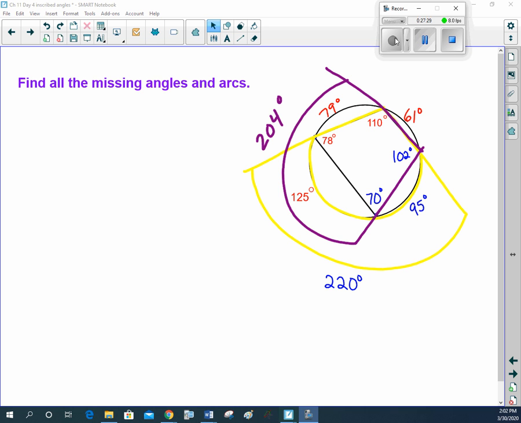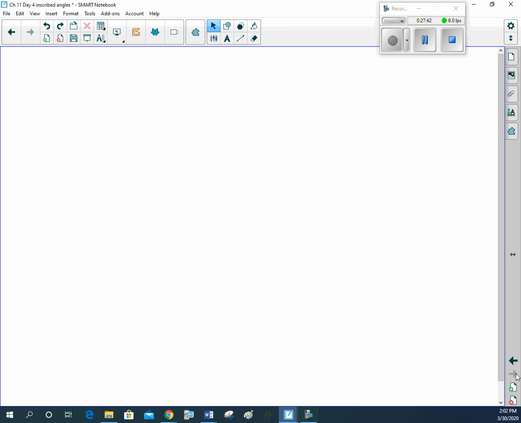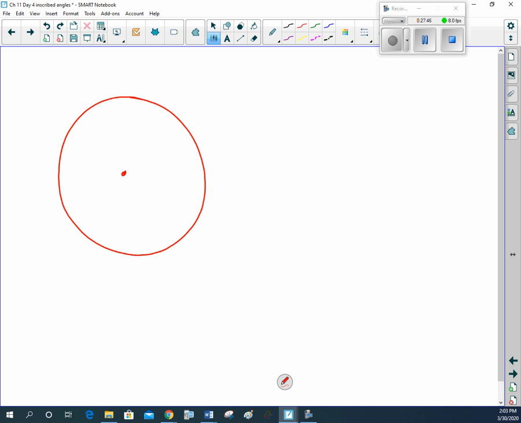Okay, so you can use any of those theorems you need to figure out what's missing. The key, though, is to make sure that you understand the difference between inscribed and central angles. So one more time. Central angles, the vertex is at the center. That's a central angle. If this is 60 degrees, then its arc measure is 60 degrees.